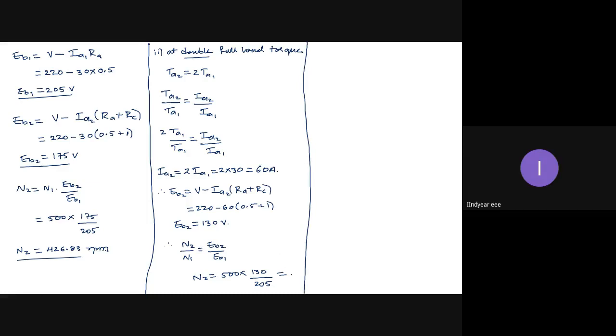N2 is 317.1, about 317 RPM. So this is the new speed. When the torque is doubled, speed has reduced. But speed has not halved. You observe, when the torque is doubled, speed is not halved. The speed is more than half of the first case.